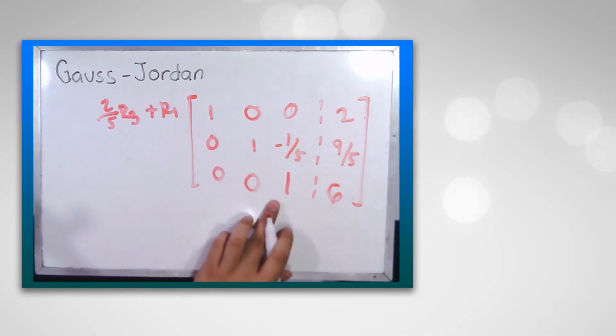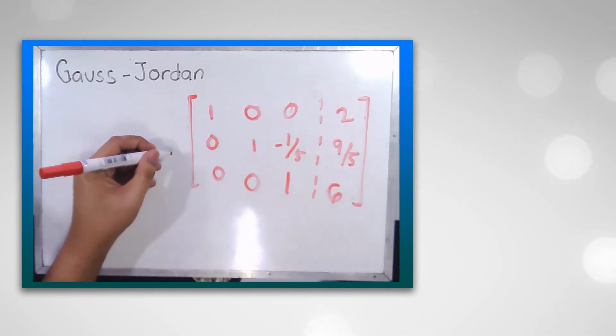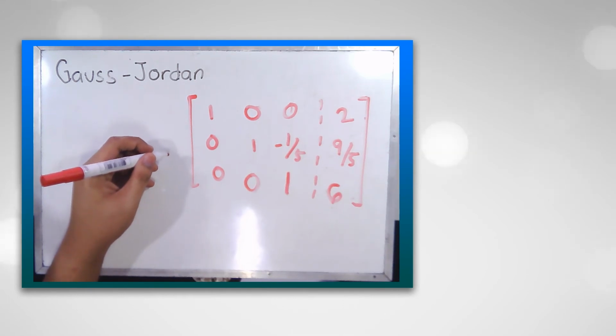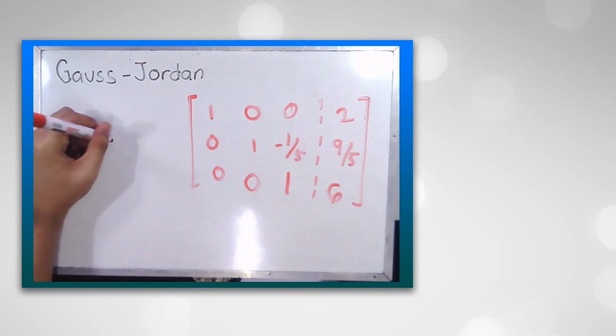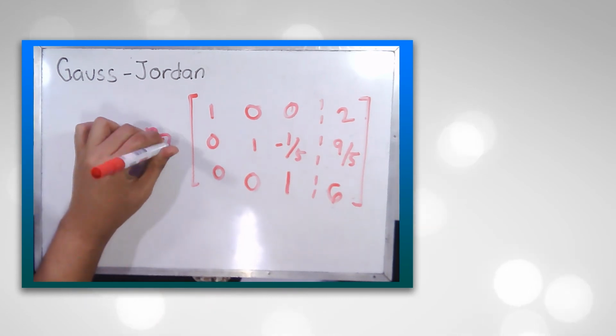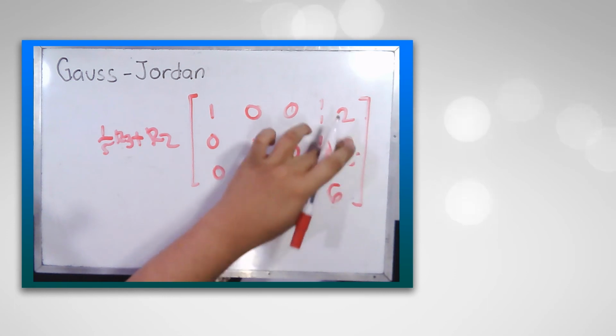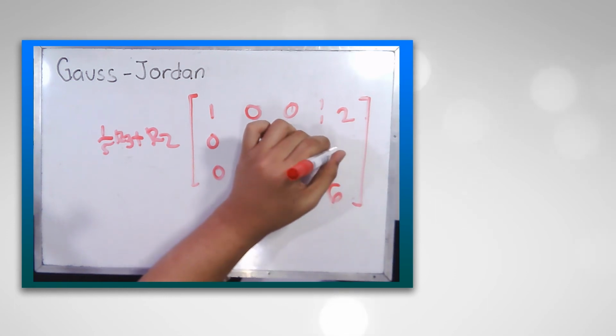Because this 6 is 1, so they have different results. Then here at the second row, we're going to multiply 1/5 from R3, then add to R2. The same concept as what we've done above. Then here will also be reduced into 3.